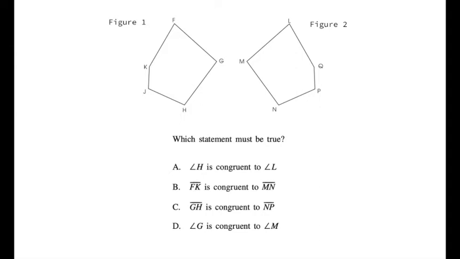Followed by a split between the other three. So it seems like we're still getting into the habit of looking at what is matching and why we could say that one thing is congruent to another thing.